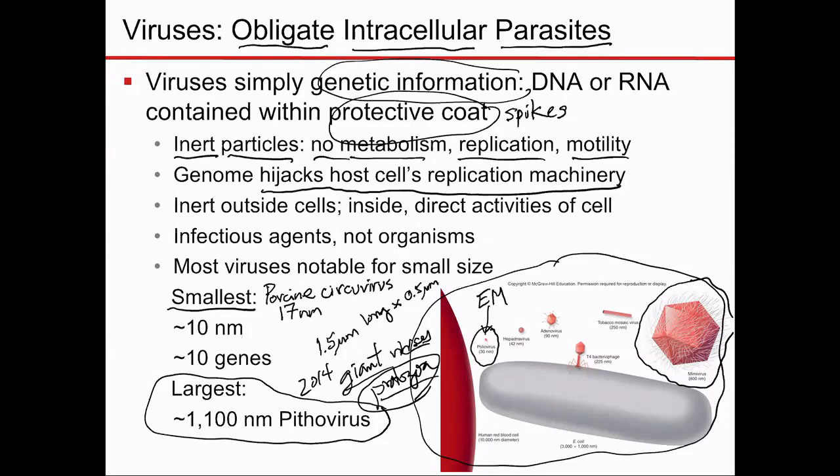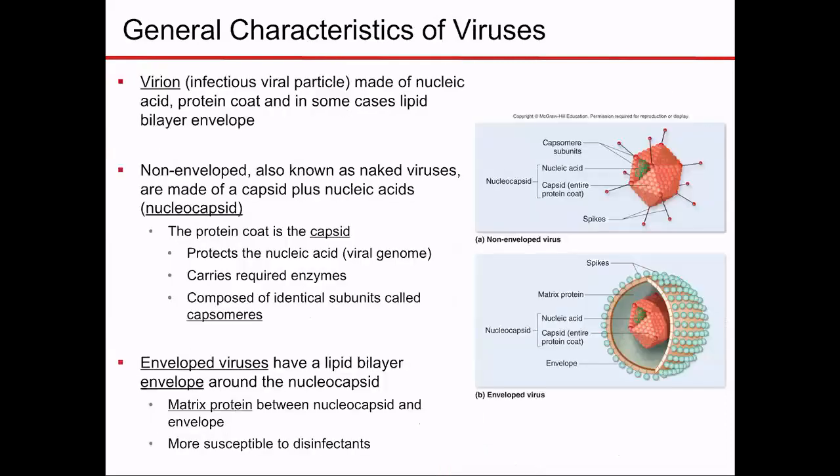So let's take a look at the structure of viruses. The first concept that I want to introduce here is the concept of virion. Virion is a word that we use in virology to describe infectious viral particles. What I mean by that is that the viral particle is intact and is not missing any structure.